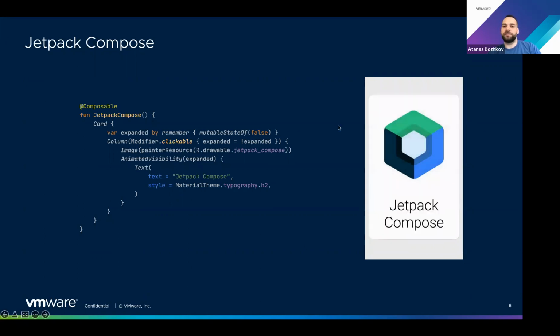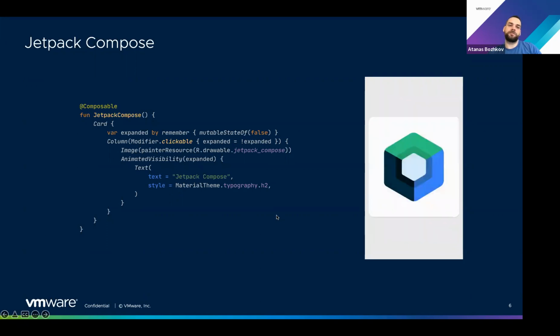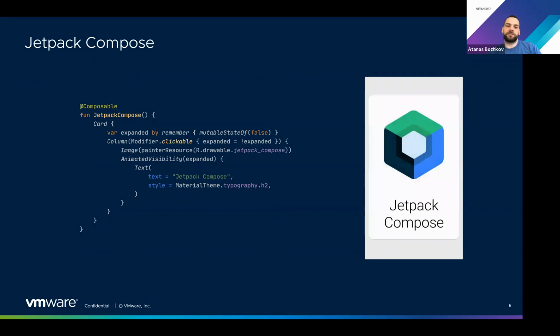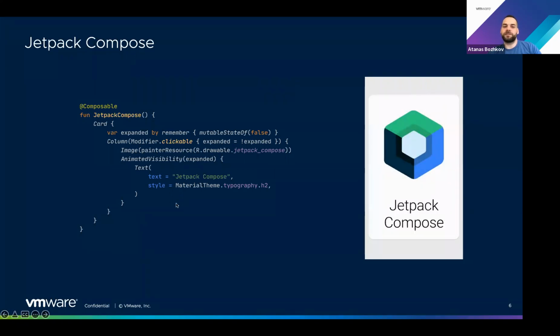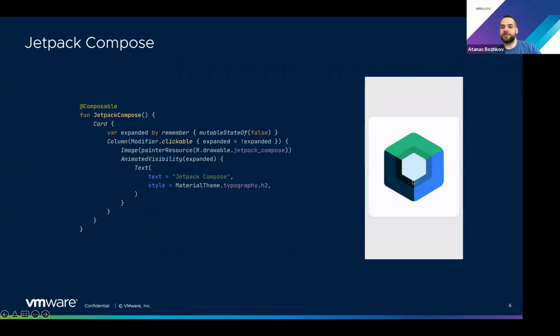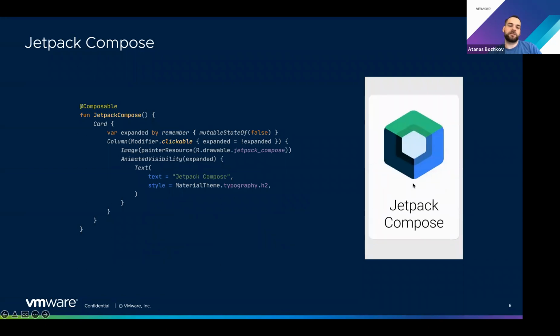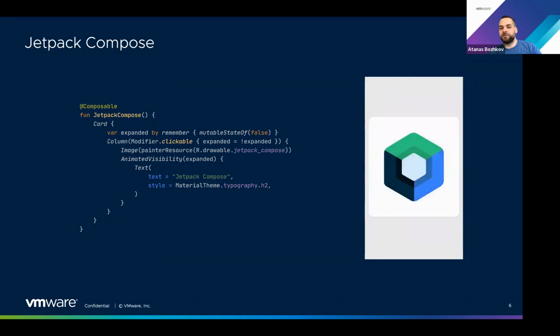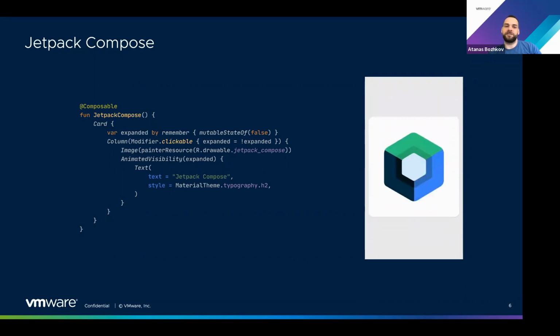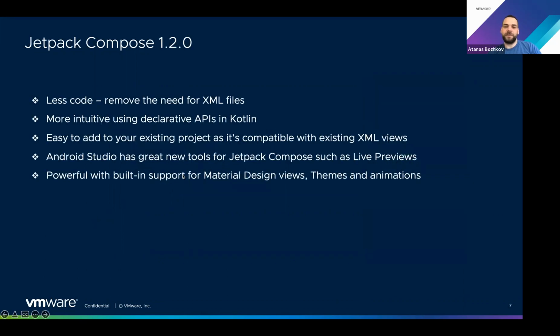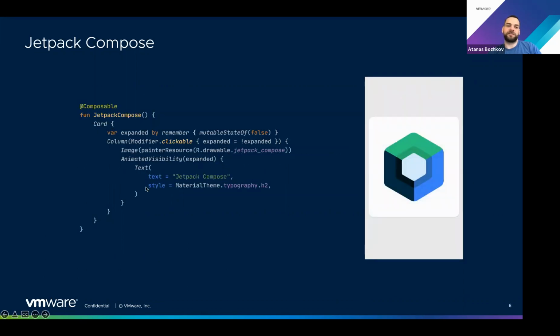So this is an example that is shown when you open the Jetpack Compose developer page, when you can start learning about Jetpack Compose, and it's very short code, like 5-6 lines, but it's doing this animation on the right side, which if you try to do it with regular XML views or some custom view, I guess you would manage to do it, but for sure it's not going to be five lines. So let me just explain a little bit the code here. It's very elegant.